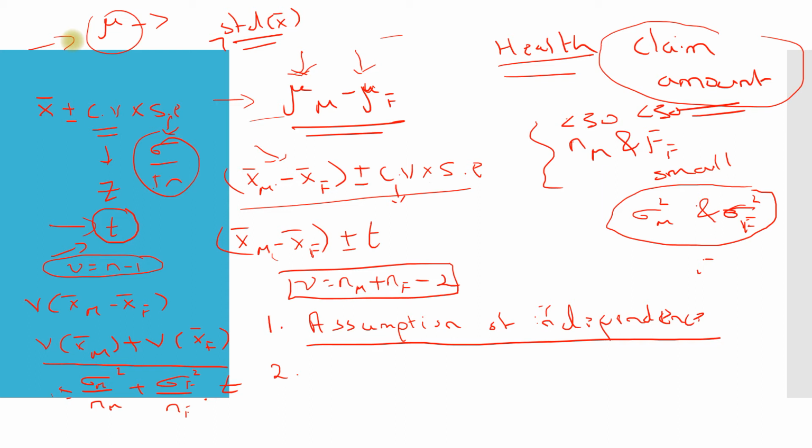If you do not make this assumption, then you are not supposed to be able to use t. We use t, yes, but under the assumption that the population is normally distributed. Now, the same thing applies here. If you are going to use a t distribution for the case of two small samples, you again have to make the assumption of normality of population.